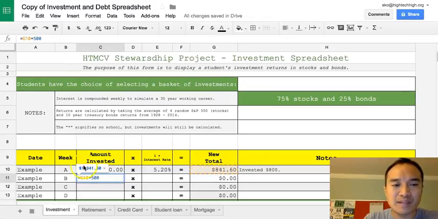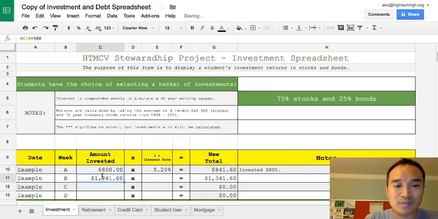So this basically means that, hey, equals means I'm going to have some type of mathematical operation. G10 means I'm going to take the thing in column G as in giant and row 10. I'm going to add 500. So that's what I have so far. 841 plus 500 is 1,341.